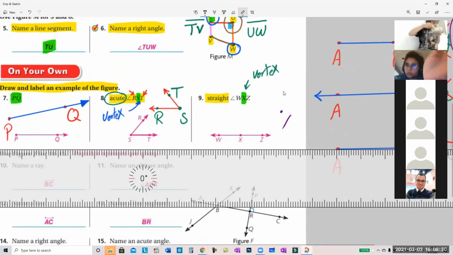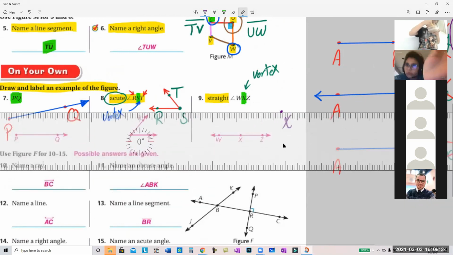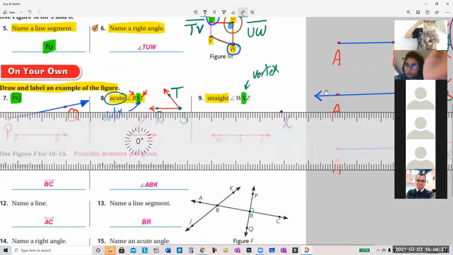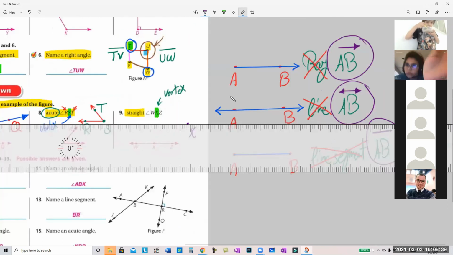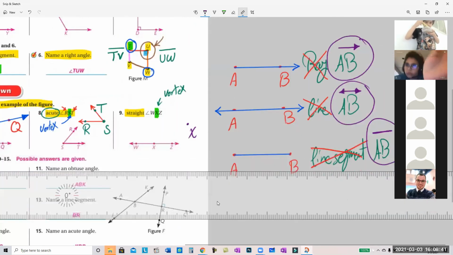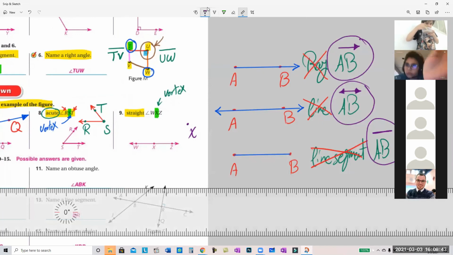Okay, that's X. And then we need to draw two rays in opposite directions because we have to draw it as a straight line. So let's remove this.